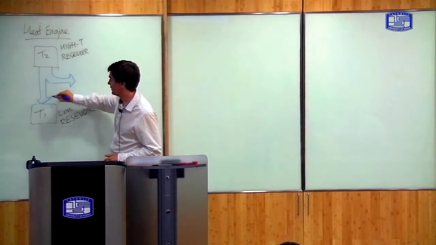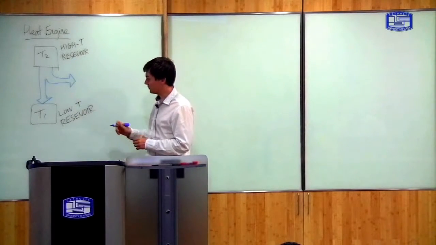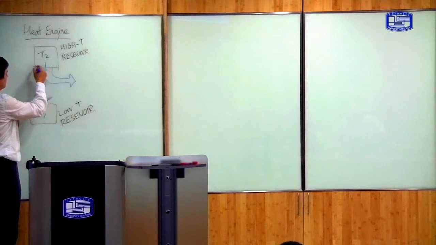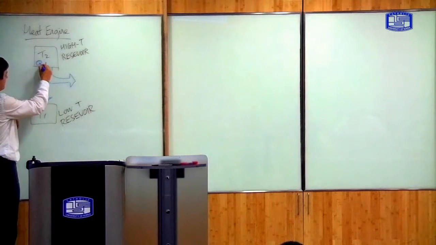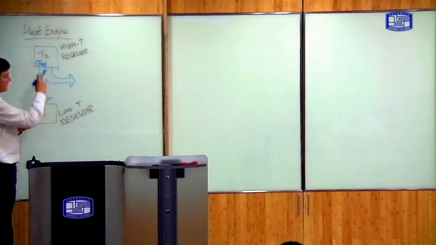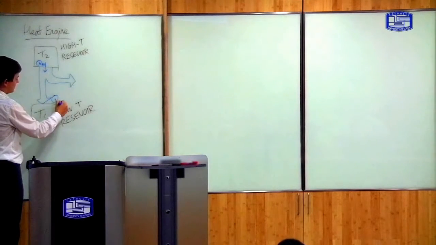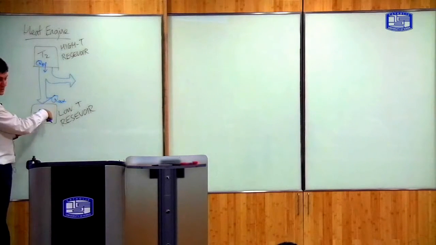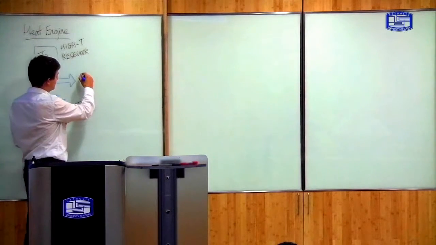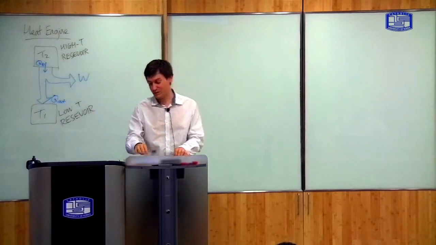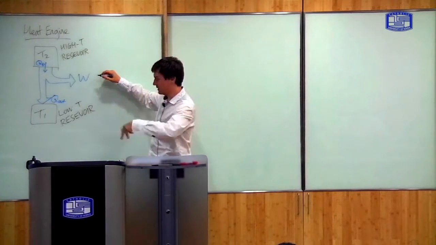So you can draw it something like this, okay? So there's an amount of heat, let's call it Q in, flows in from the high temperature reservoir, an amount of heat Q out flows down into the low temperature reservoir, and you produce an amount of work W per cycle, this is.